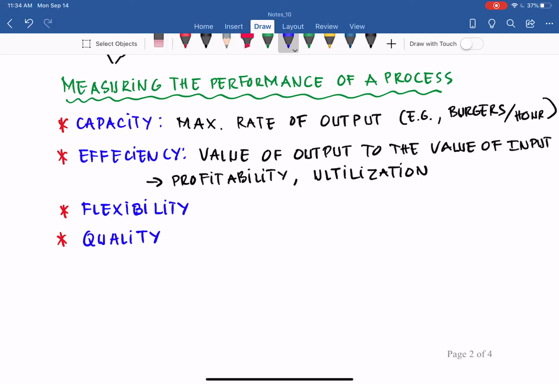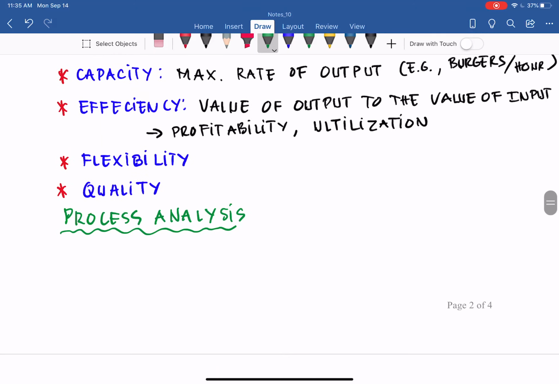Then, when we analyze the process to determine the performance, that goes to the next few concepts in process analysis. In terms of process analysis, we have a few concepts, and I think you have already learned some.